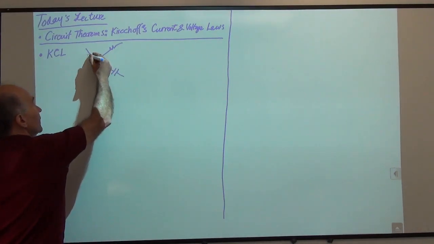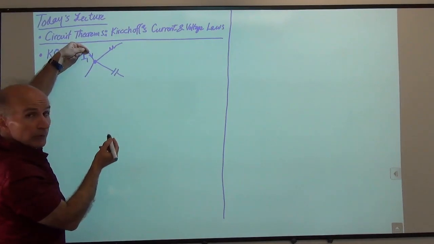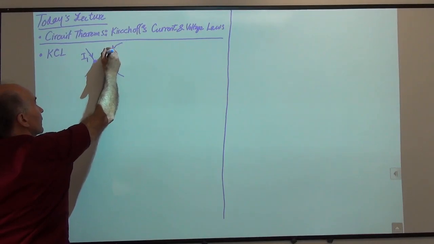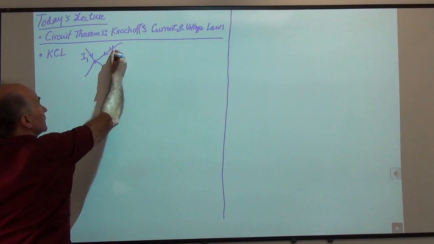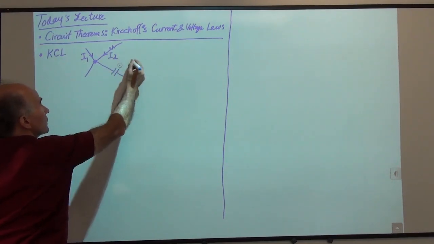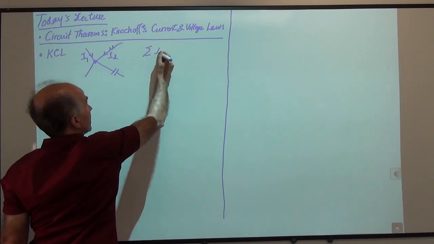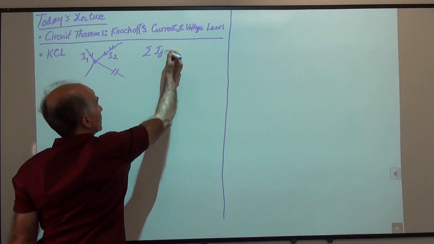So if I have this current entering, by entering I mean this arrow is pointing into the node, and similarly this current is entering, so we call this I2, etc. So we say sigma I sub j is equal to 0.